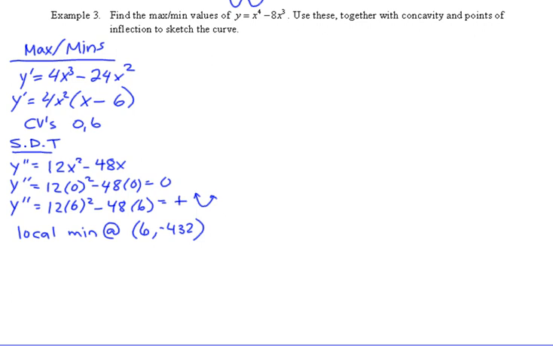Now we want to see where it's concave up, concave down. We're going to find intercepts. What do you want to do first? Intercept? Sure. Okay, this guy's easy. Start with x or y? So y-intercept, plug in 0, we get 0.